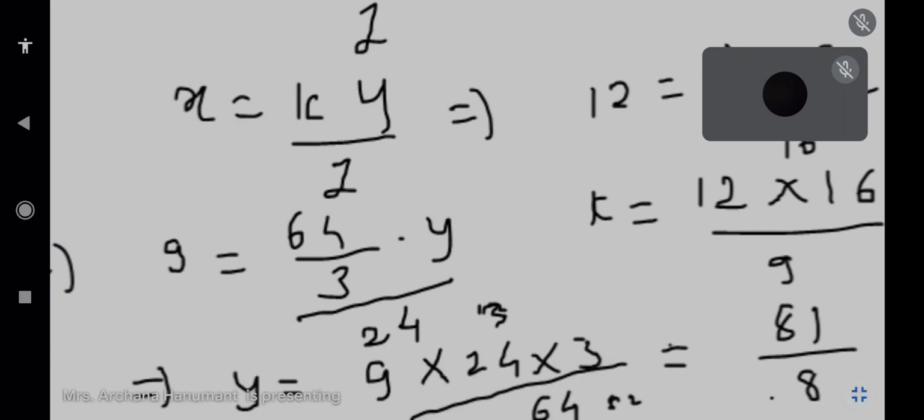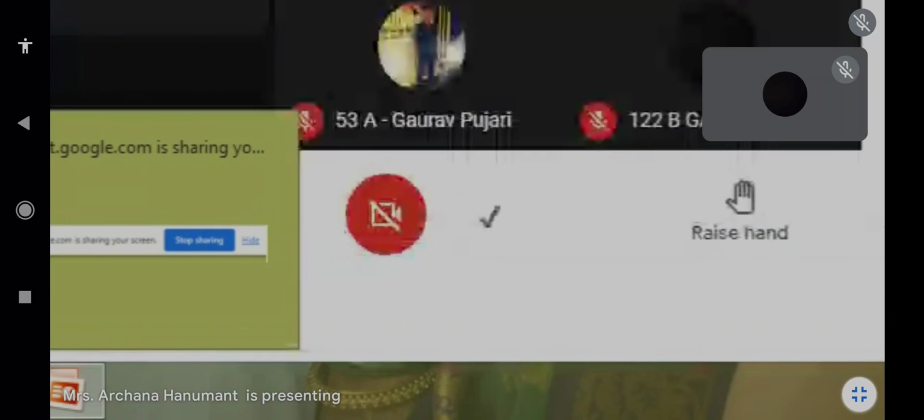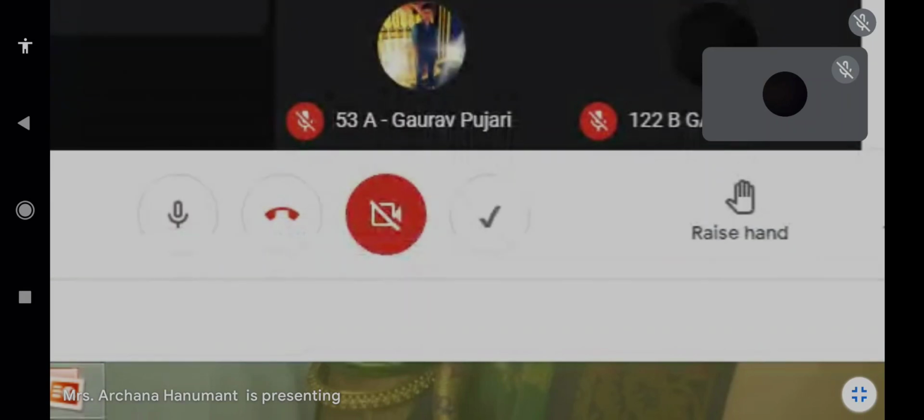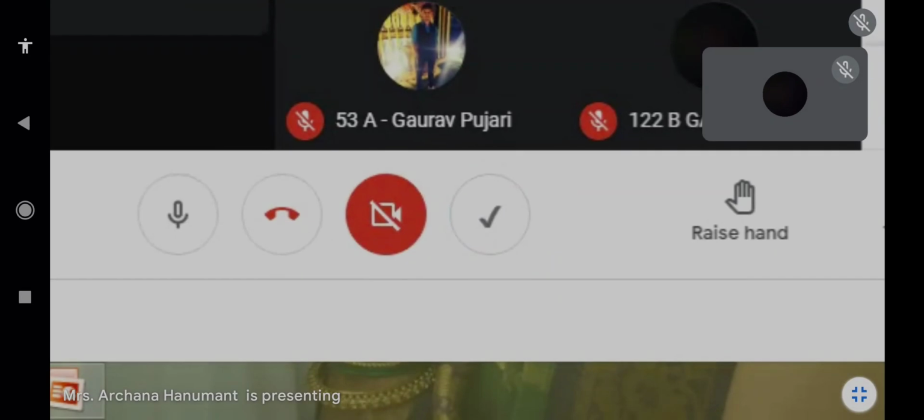Okay. Has everyone got this? Yes or no? If yes, then write down in the chat box. Are you getting this example? If you get this, then write down in the chat box.